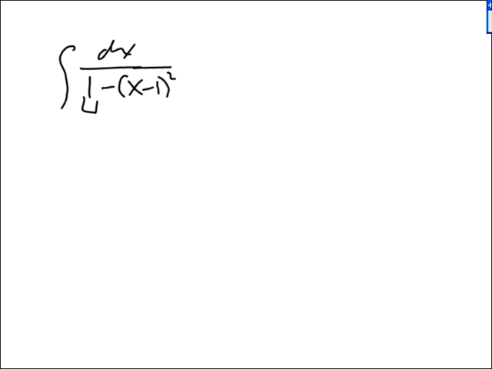In the bottom you have one thing squared, or you can think of it as one thing being squared. You can think of it as 1 squared. And this is minus something else squared.